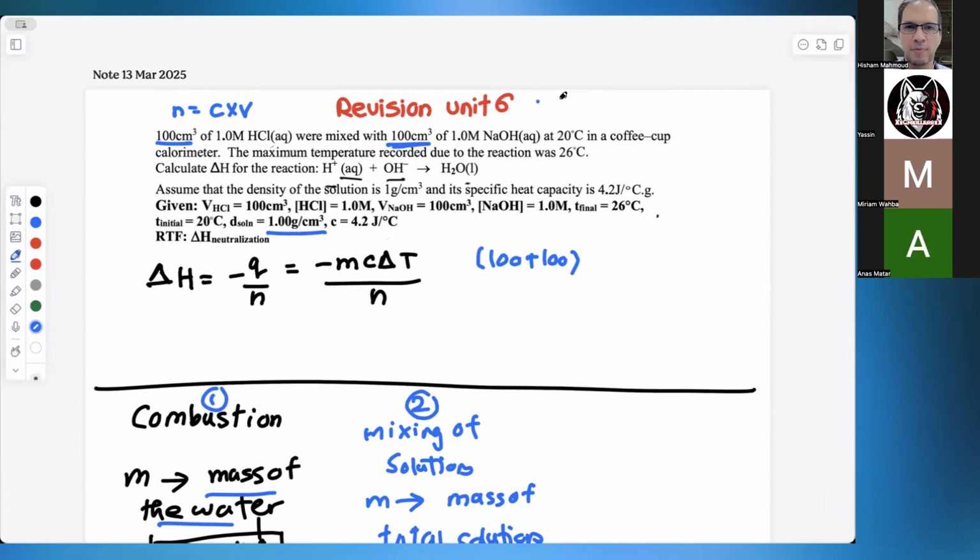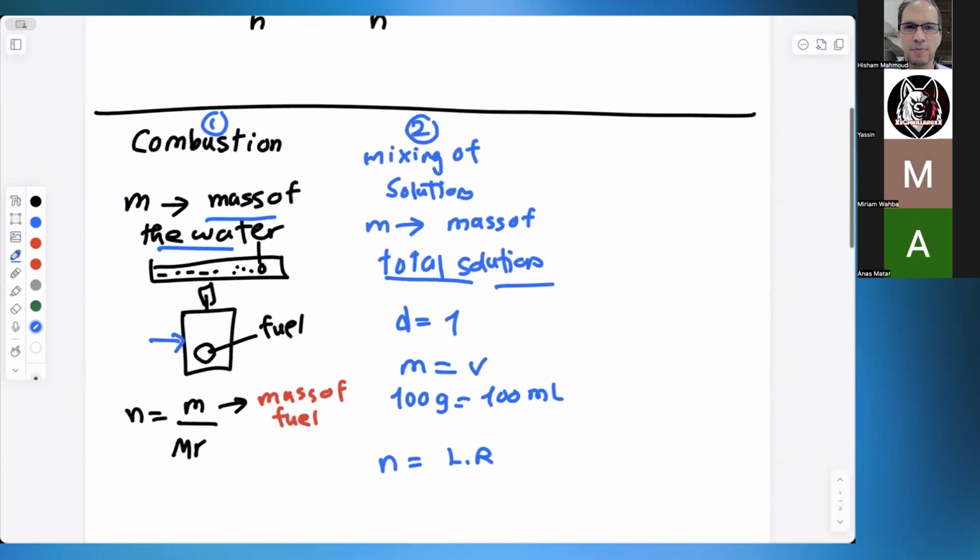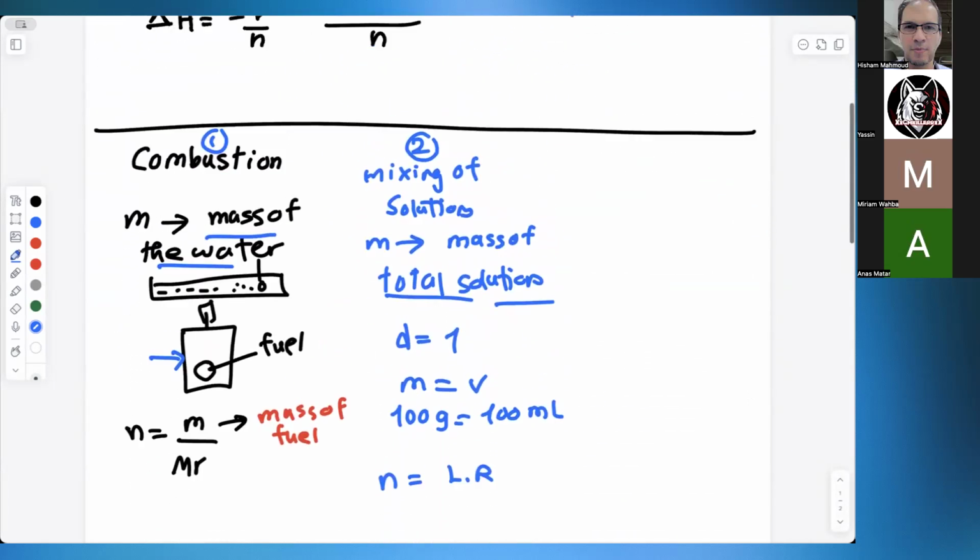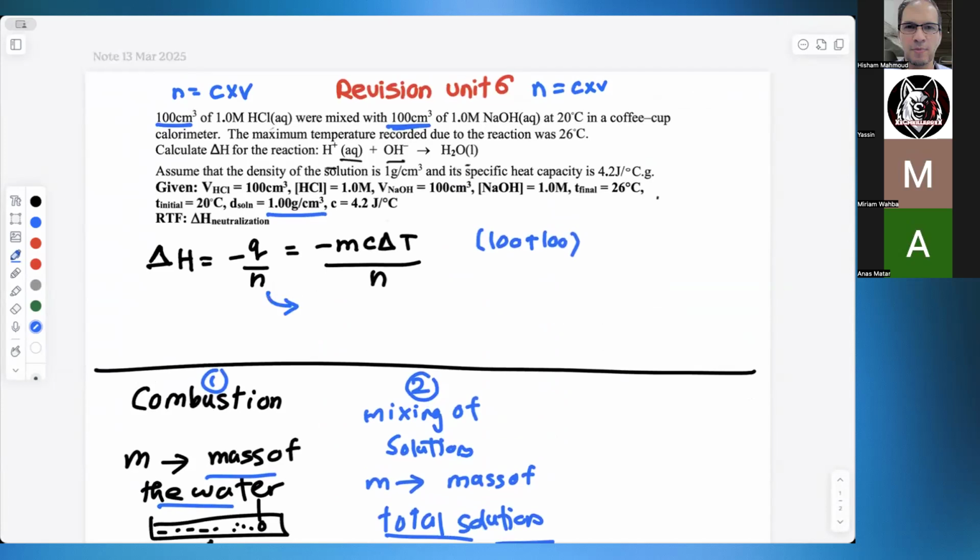The one that's the limiting reagent is the one used here to find the N. So this N is the number of moles of the limiting reagent. Since the N is equal in both of them, because I multiplied 100 by 1 and 100 by 1, I can use any of them. So I will simply say N is equal to C multiplied by V.